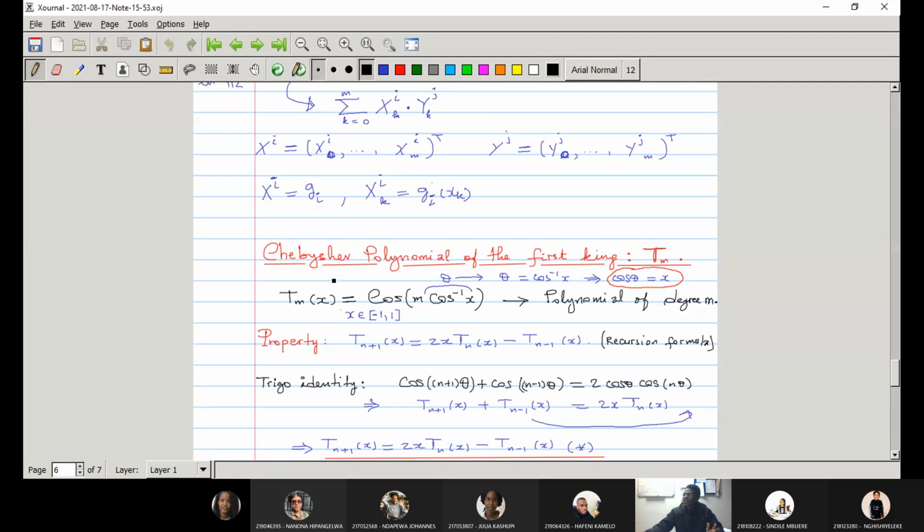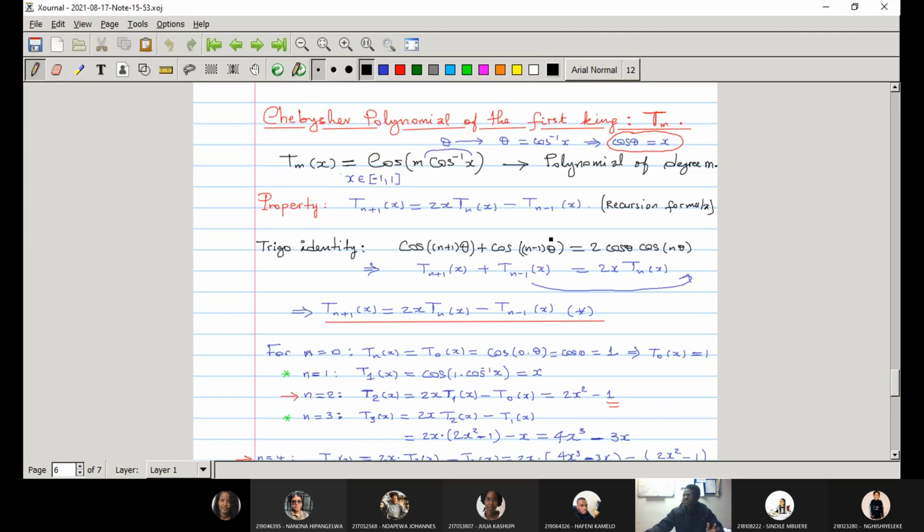Okay, so we use this recursion formula, which is a consequence of the trigonometric identity given here. We could write T(n+1) in terms of the two previous terms of the sequence, Tn and T(n-1). With this one, if we take into account the fact that T0 is 1 and T1 is x, then recursively we can define all the Tn.